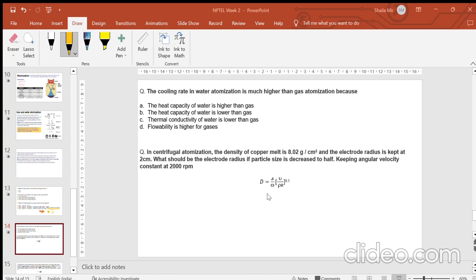So you have to calculate the effect on the electrode radius, that is R, if we are changing it. If we are changing the electrode radius, what will be its effect on the particle size? Based on the formula, you can take 5 minutes and answer.